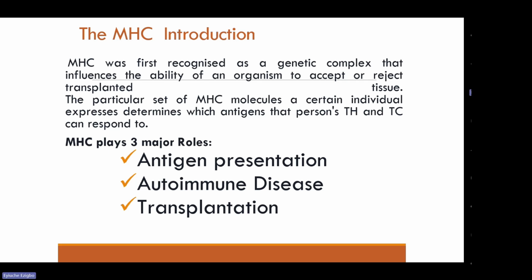As we go along, you'll understand each of these definitions of the MHC complex. The MHC complex plays three major important roles. They are very important in antigen presentation, autoimmune disease, and transplantation.